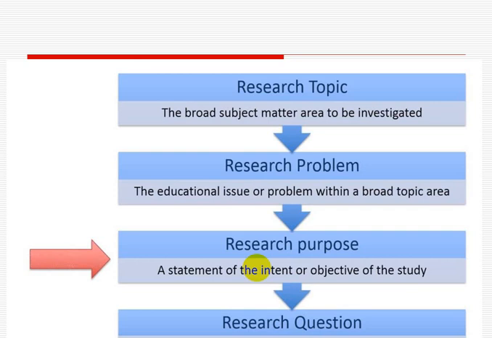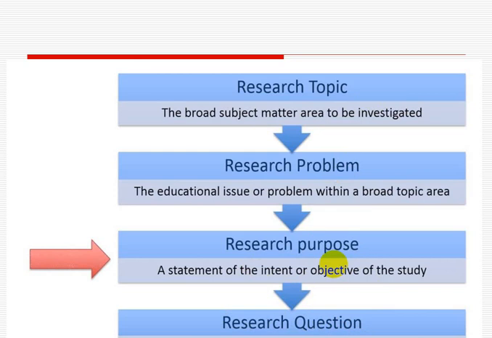And then the research question. The research question comes from the research objective. If you cannot identify the research objective clearly, as a result the research question is also vague and unclear.